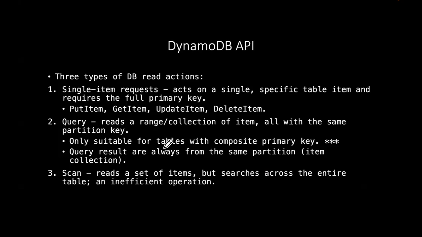It'll always come from one partition, because as we'll see in a slide or two, the partition key part of a query has to specify the exact value of the partition key. You can't have a query along the lines of, if the partition key is a numeric value, where the partition key value is greater than 200. You cannot do that. You have to specify the exact value of the partition key.